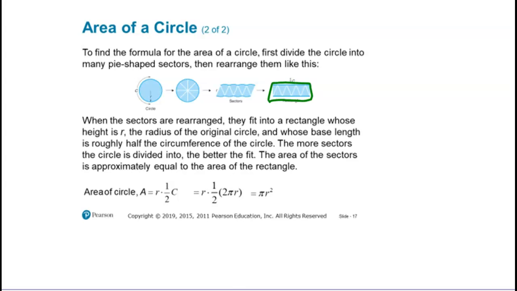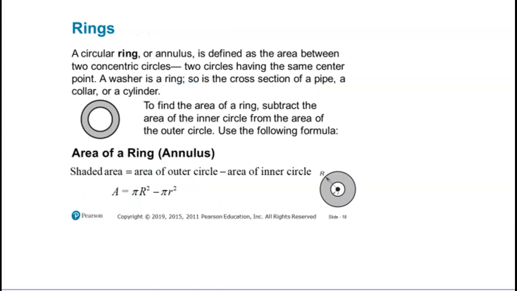That's one way to do it, and you'll see some problems that talk about that. So area is 1/2 the radius times the circumference, and you can just substitute in the variables for that.